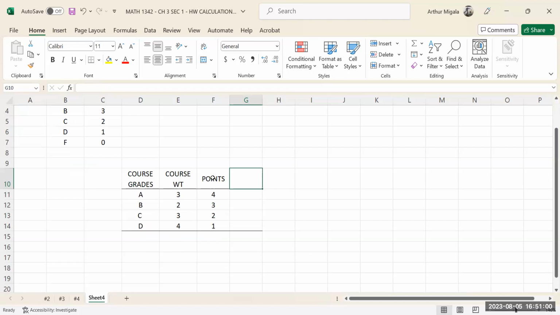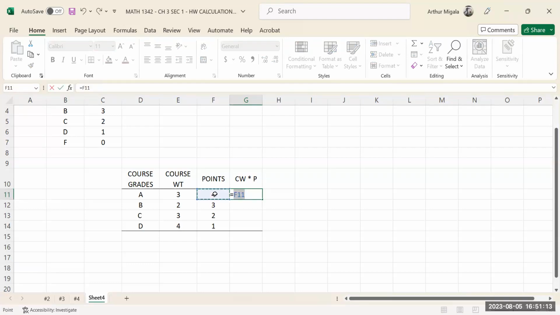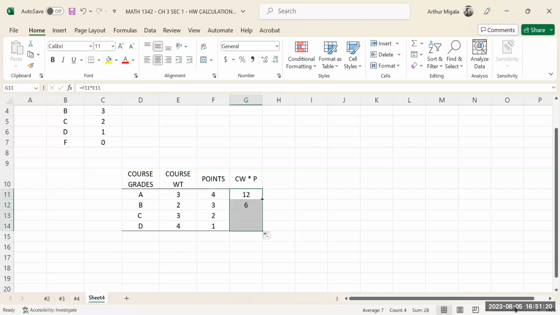Now, what we have to do is multiply the course weight times the number of points. So I put an equal sign there because I'm multiplying this number times this number. And I do it to all of them. So now I have to know how many points did I attempt.